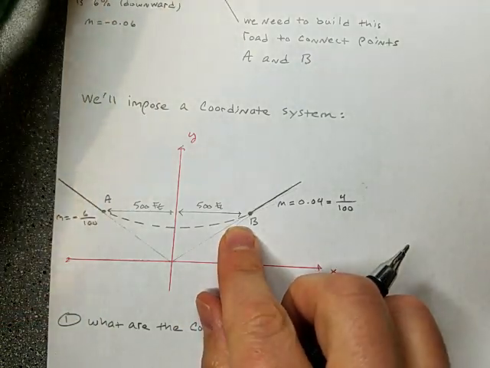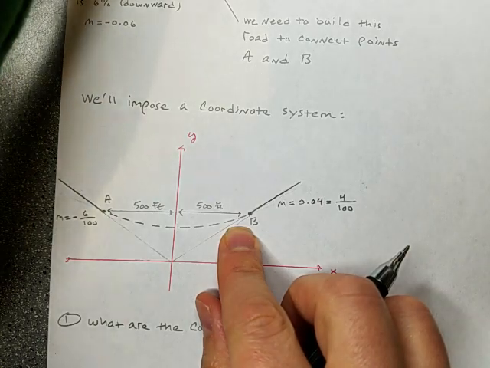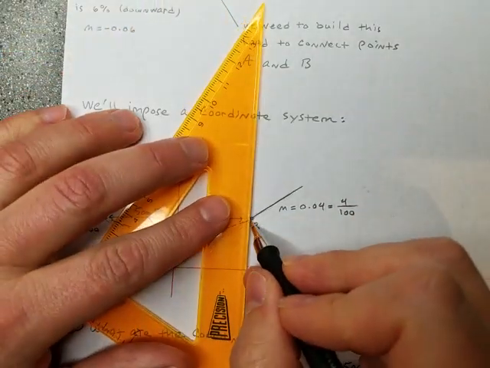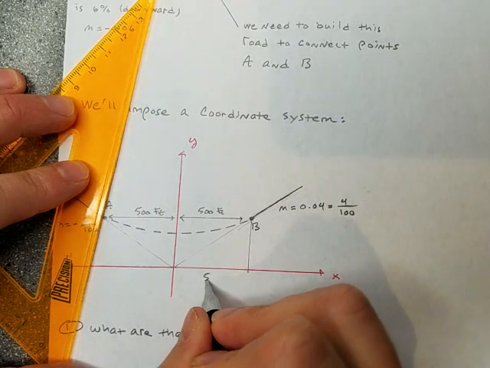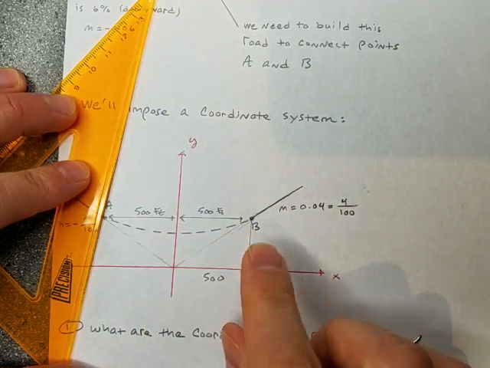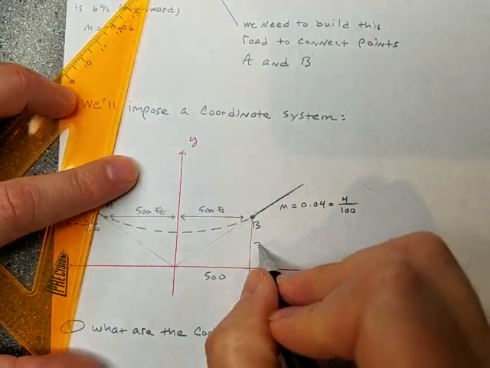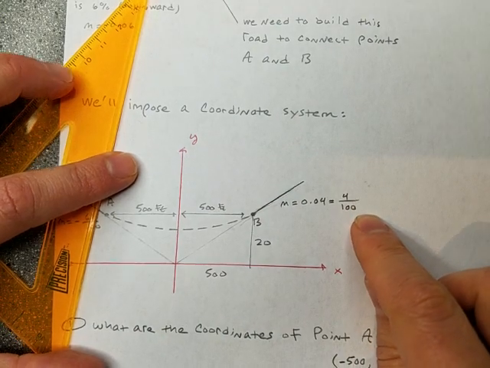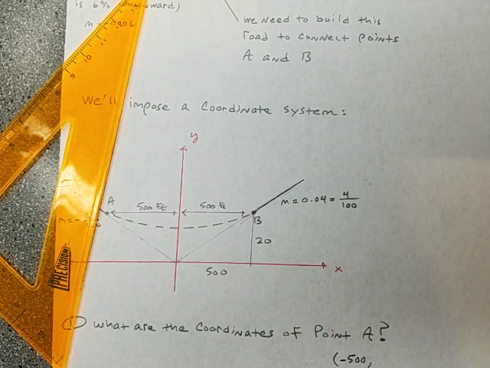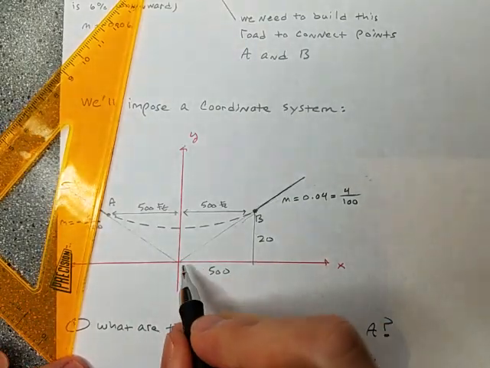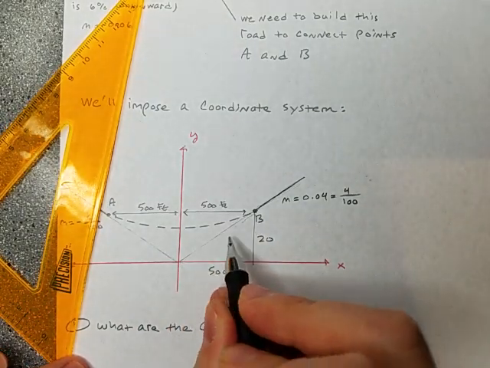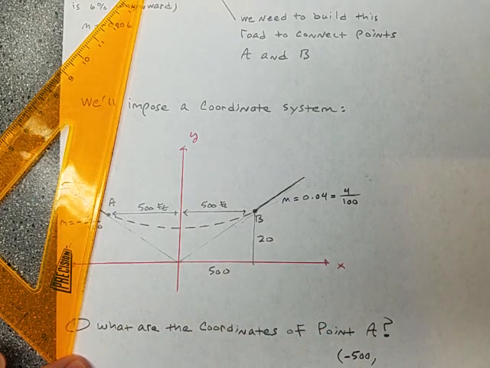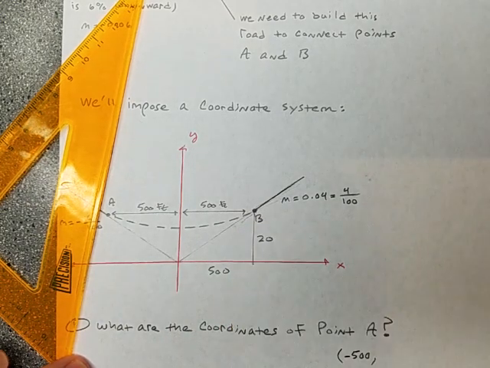So wouldn't it have to be the case that if you went right 500, you would go up 20? 4 over 100 is 20 over 500. All right? So right 100, up 4, right 100. So that's right 500, up 20. So the y-coordinate of point B is 20.